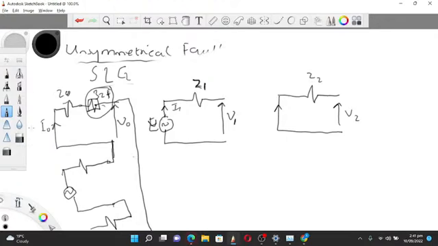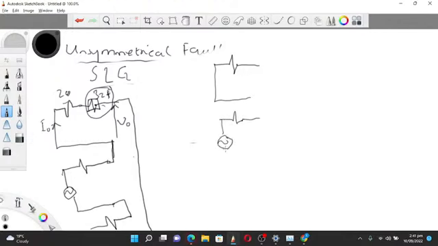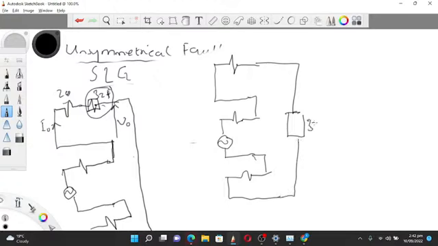So you normally see the diagram where your 3ZF is here, this is Z0, Z1, Z2, and this is VF.